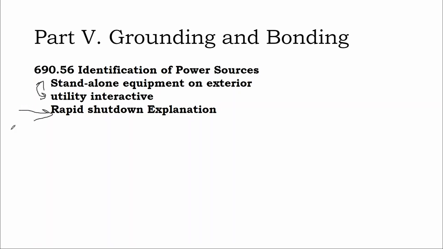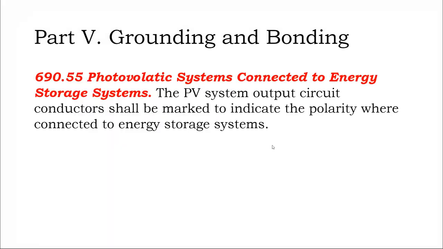The system rapid shutdown needs to be called out. The disconnect locations, array voltages and amperages. Some additional requirements. It says the PV system output conductors shall be marked to indicate polarity when connected to energy storage systems. So positive and negative.